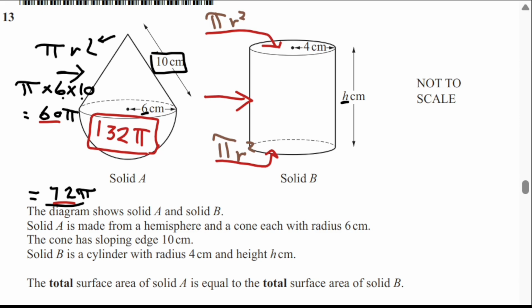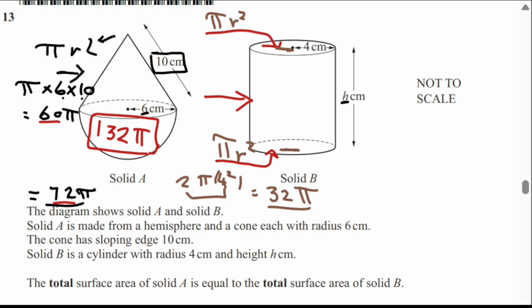So it's 2 pi r squared, which is 2 times pi times the radius, which is 4 squared. 4 squared is 16, 16 times 2 is 32, so 32 pi. That's the area of the circle up here and the circle down there.